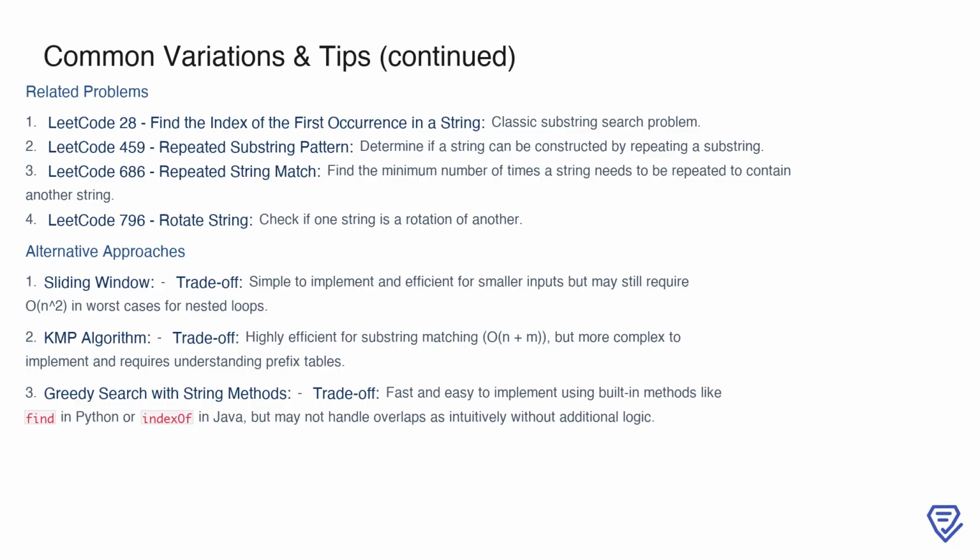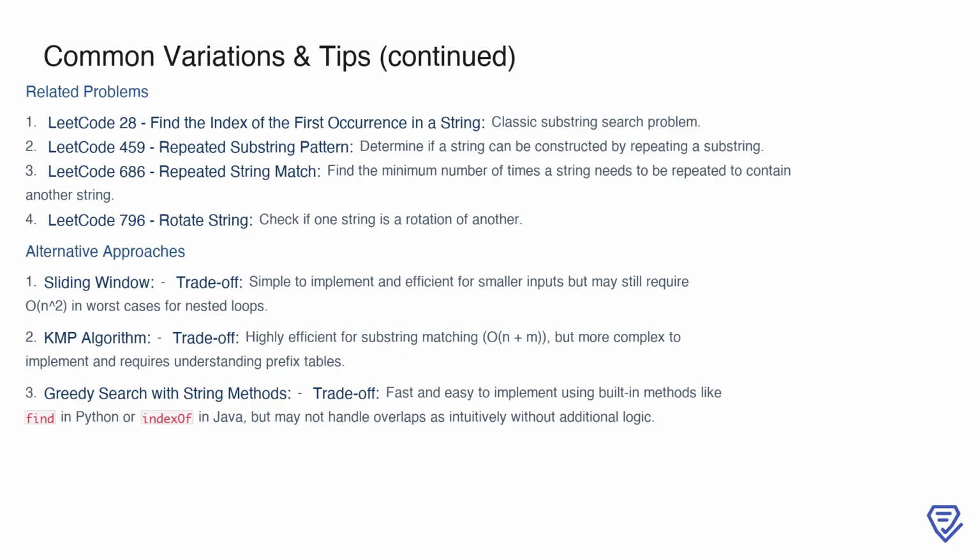In terms of alternative approaches, the sliding window technique is simple to implement and generally effective for smaller inputs. However, it can still result in n² complexity in certain cases, especially if nested loops are required. The KMP algorithm is far more efficient, operating in n+m time, but it requires a solid understanding of prefix tables and can be more challenging to implement.